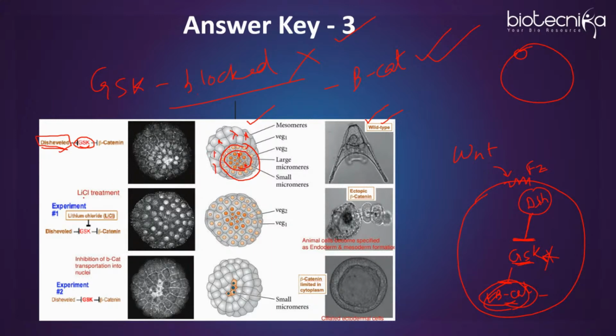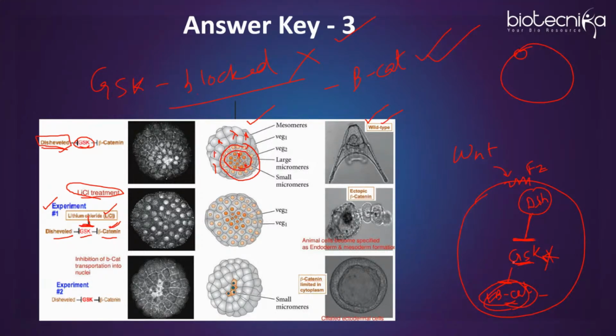But now we have a special treatment by lithium chloride, that is experiment 1. So what happens if you have treatment with lithium chloride? GSK is supposed to block beta catenin, but lithium chloride will block GSK. Got it? Because of that, beta catenin will be free.